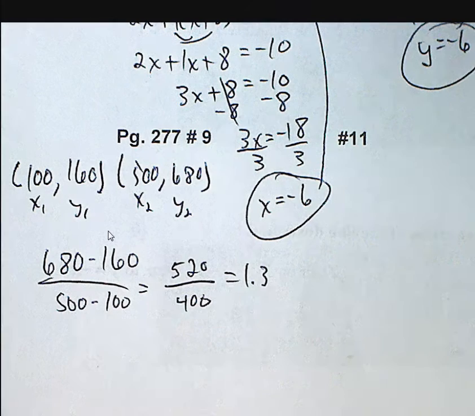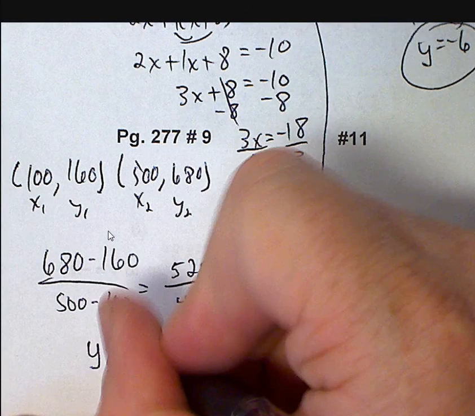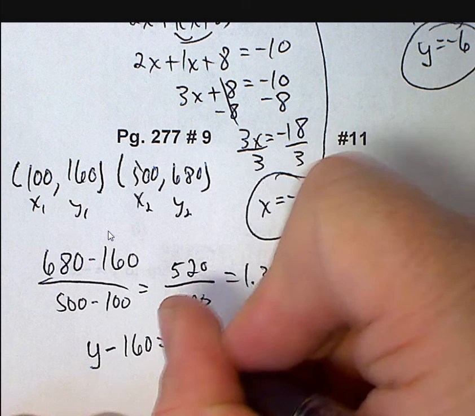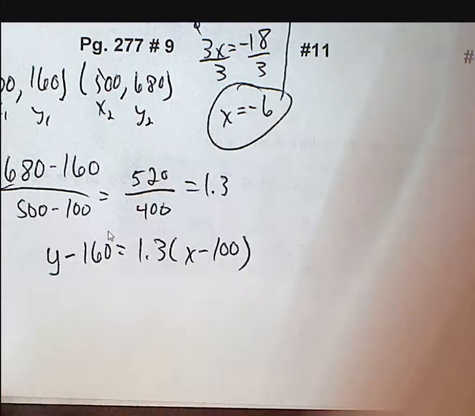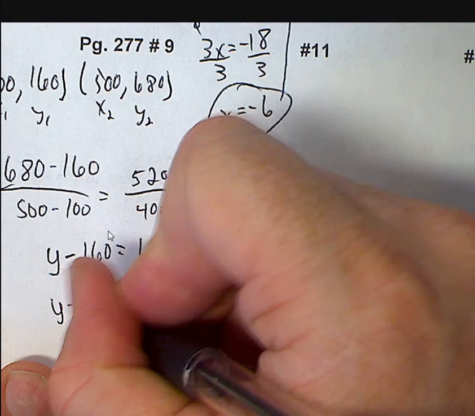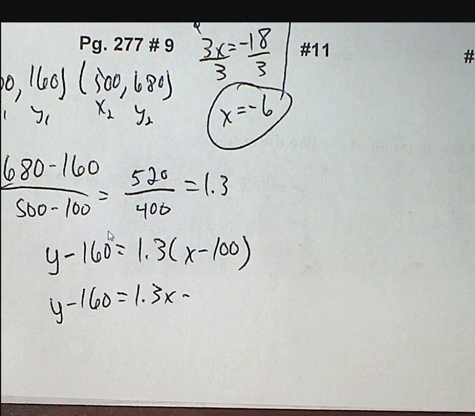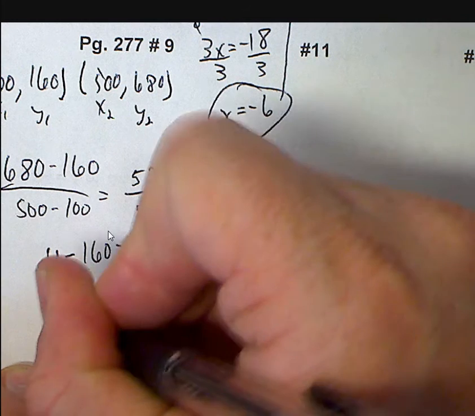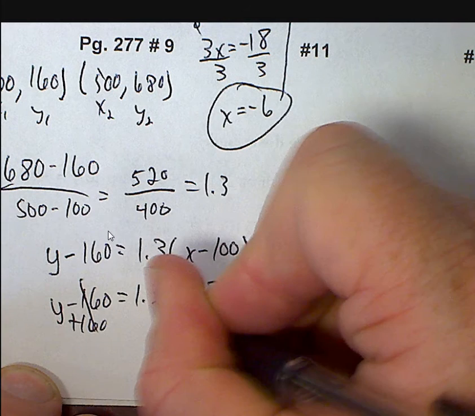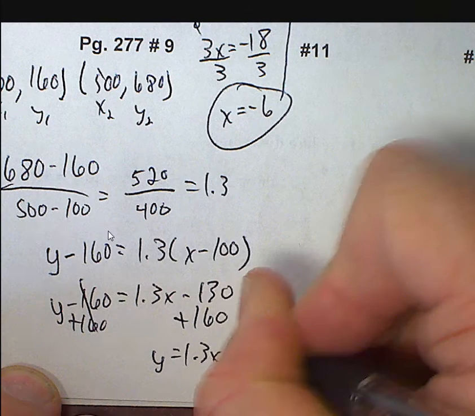So my slope is 1.3. y minus y1 equals 1.3 times (x minus 100). y minus 160 equals 1.3x minus 130. Add 160, add 160. y equals 1.3x plus 30.